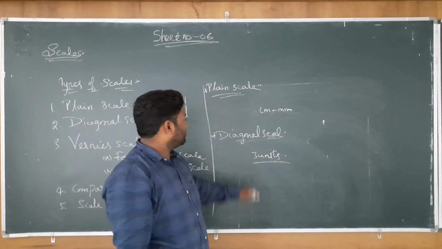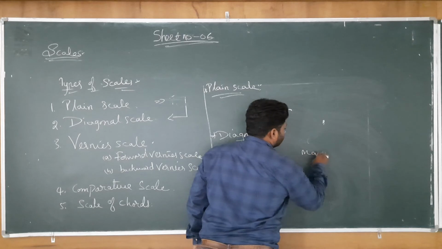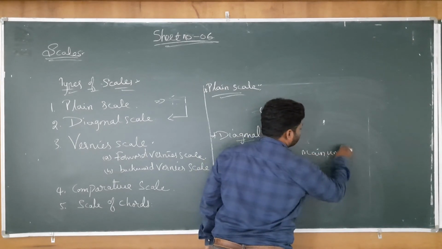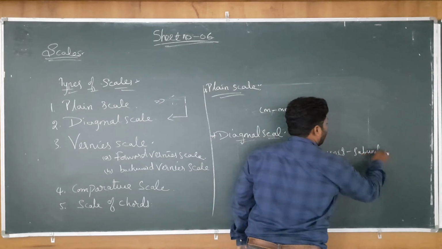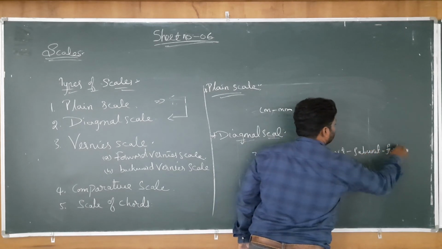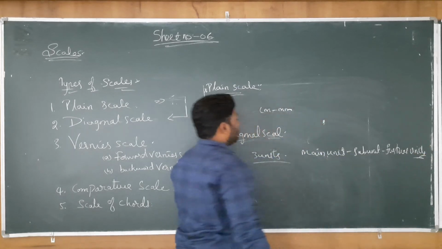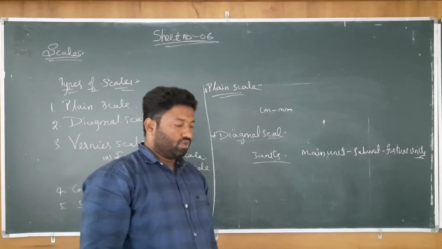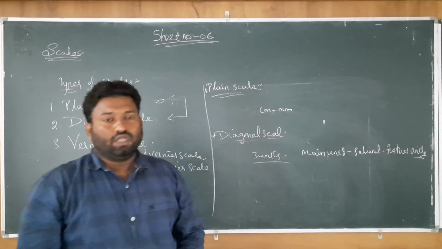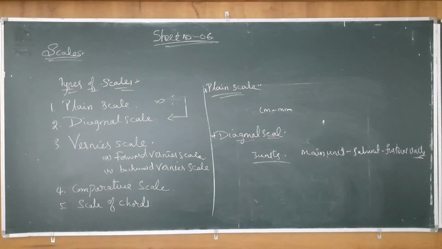The first one is the main unit, the subunit, and the further units. We can get clarification on this by solving the problem. The next problem I will start after 2 minutes.